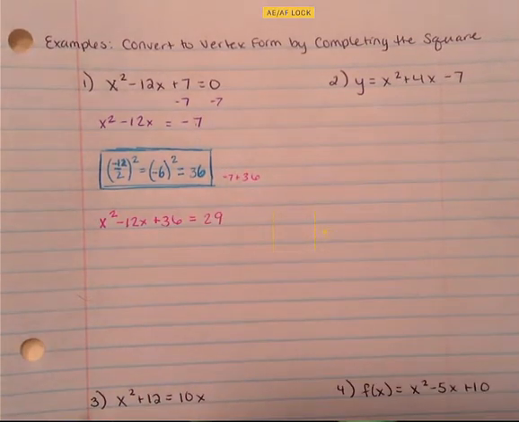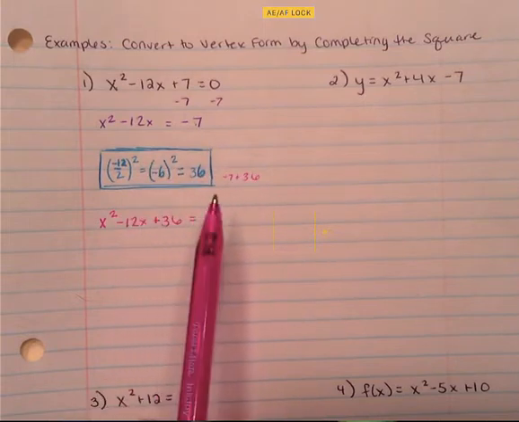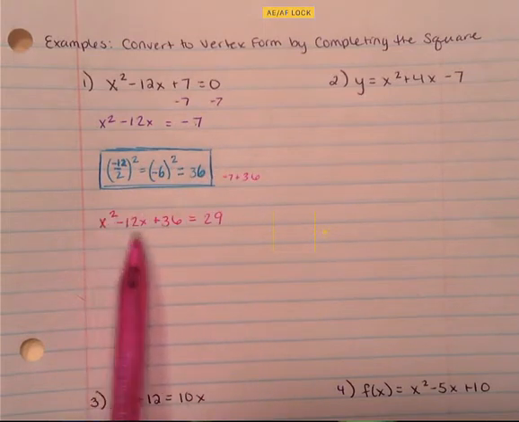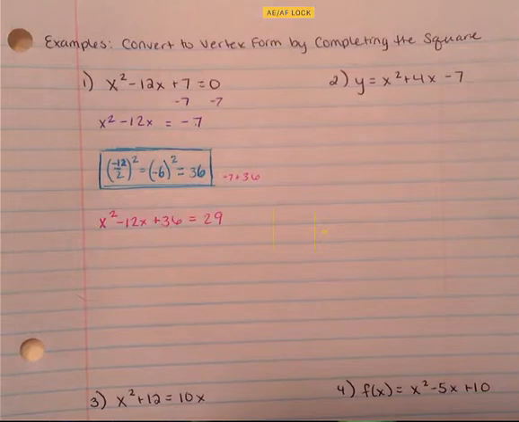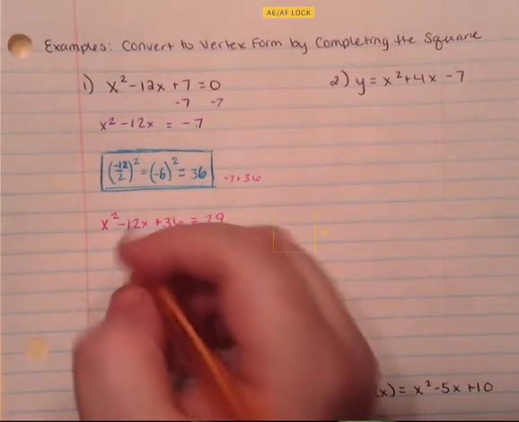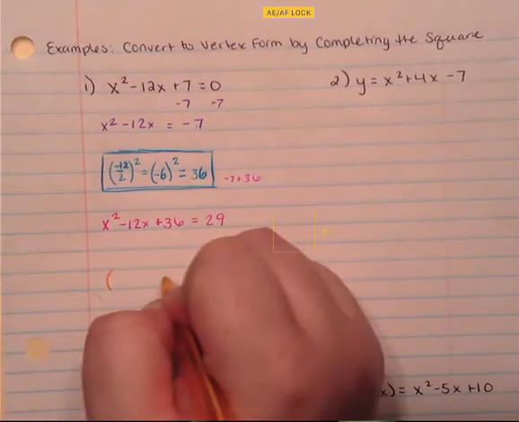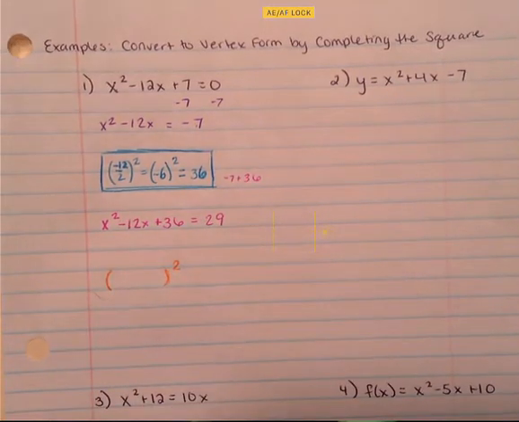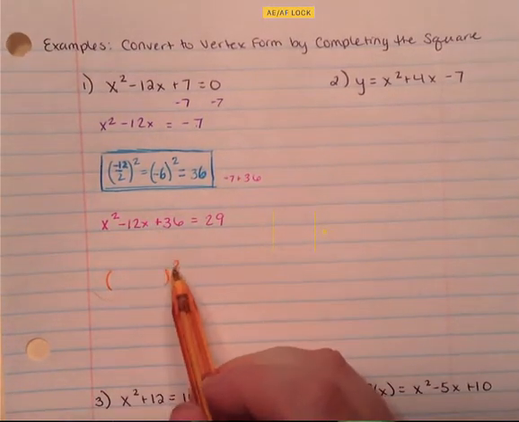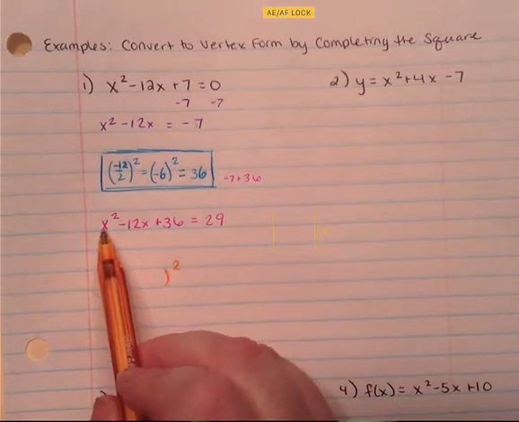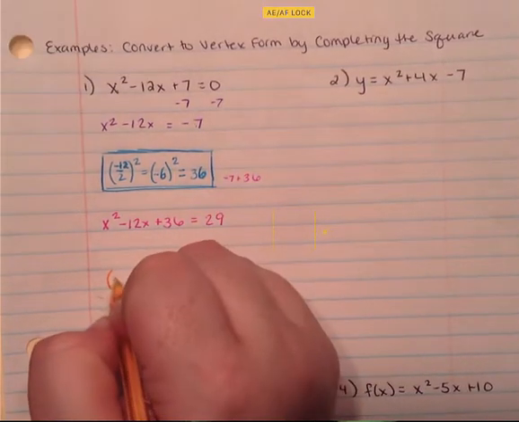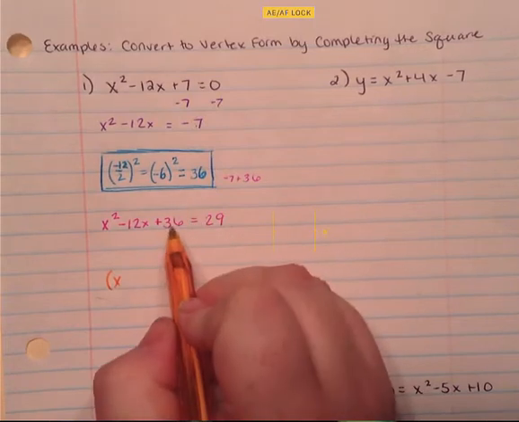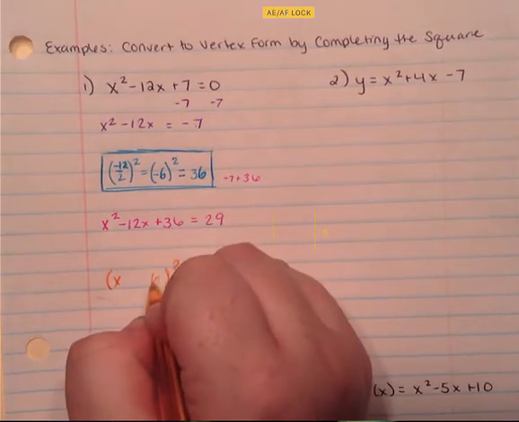Now that I've added that 36 to both sides of the equation, I can now factor this trinomial. And again, this trinomial should factor nice and easily. It'll become parentheses squared, because this is a perfect square trinomial, so it will give you something squared. The square root of x squared is x. The square root of 36 is 6.